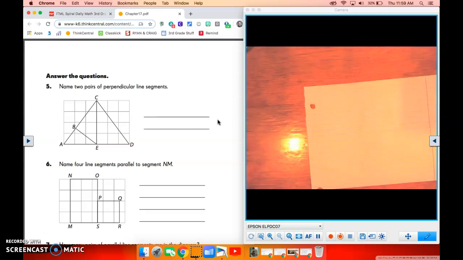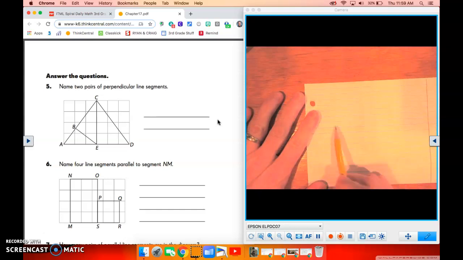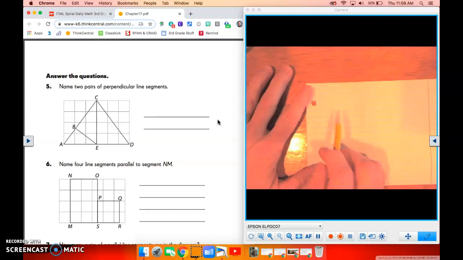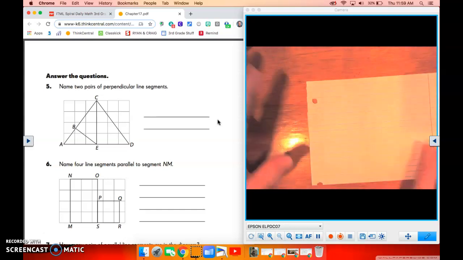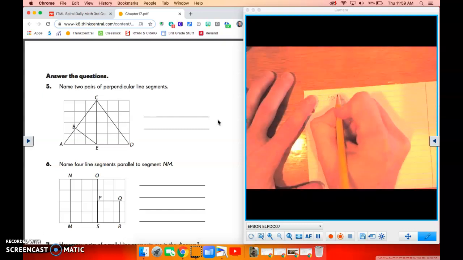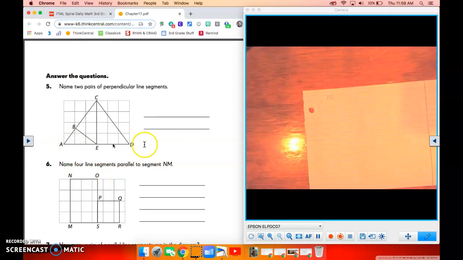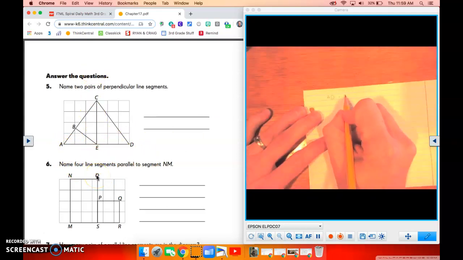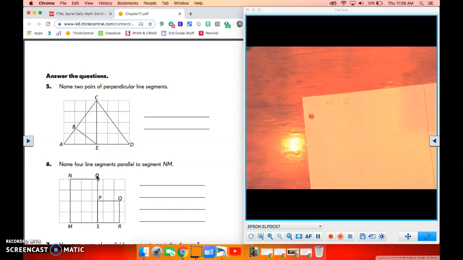Perpendicular means straight up and down or straight side to side, however you want to picture it. When I'm looking at this, I see AD and EC are perpendicular.